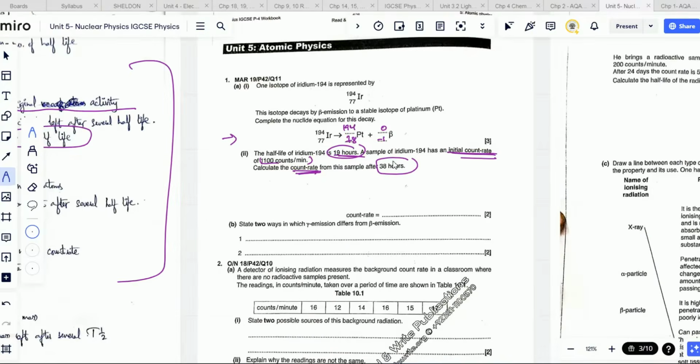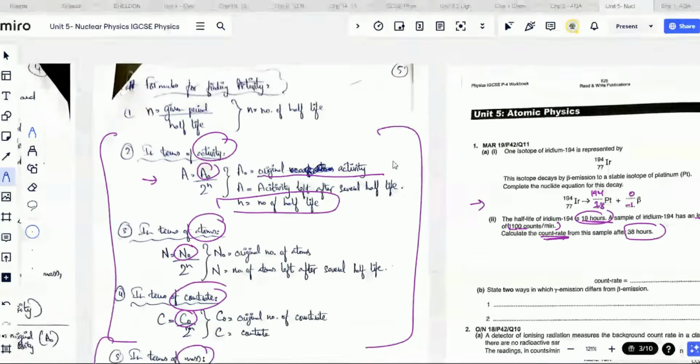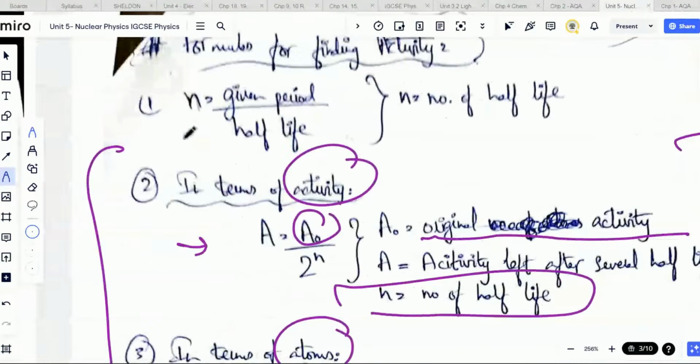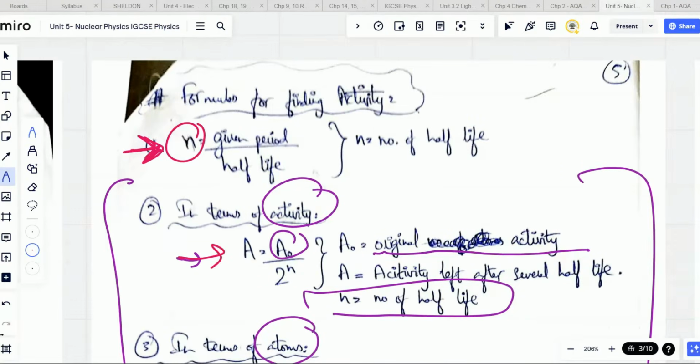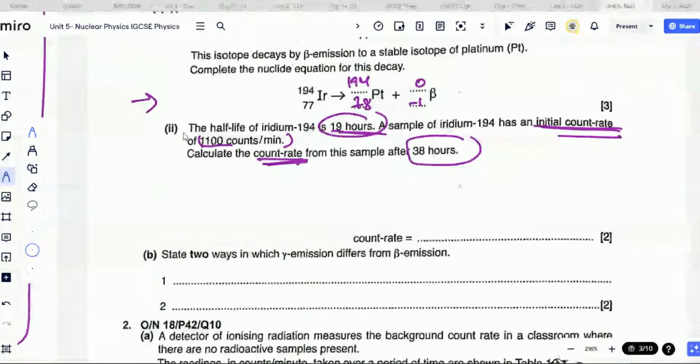So first of all, I need the number of half-lives. How do we get the number of half-lives? This formula. Always get the value of n first and then use these formulas. The formula says we have to divide the given period by the half-life. What's the given period to us?